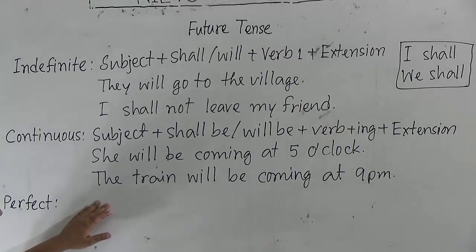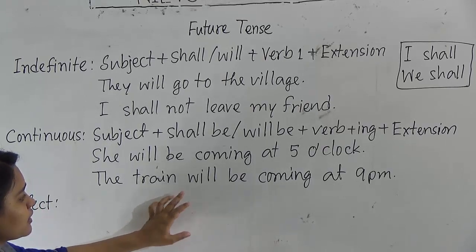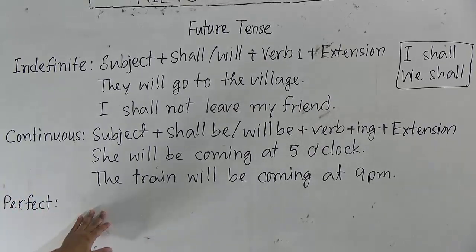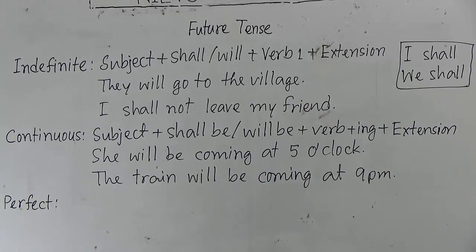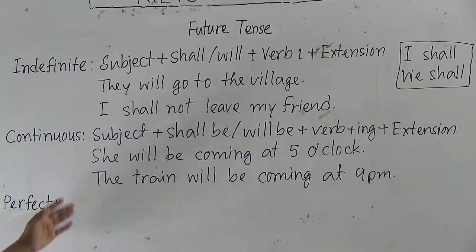The station master makes this announcement for future. That means the train will come at 9 p.m., will be coming at 9 p.m. So we use continuous tense to make an announcement or to show an action that will be happening at a certain point in the future.